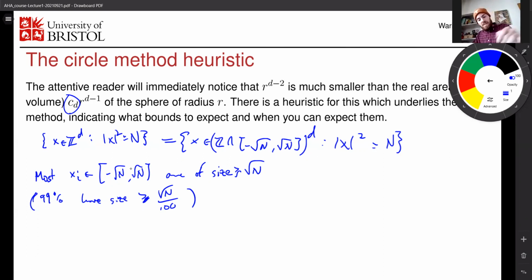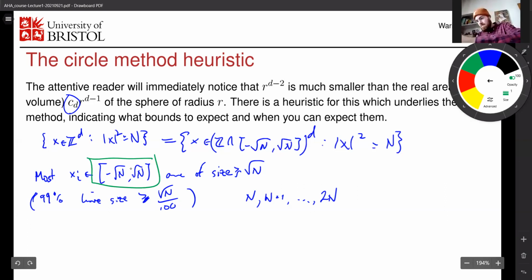So if I consider n plus 1 up to 2n, and I expect roughly the same number of points on each of these, then what do I have? I have the length of this interval, which is something of size root n, and each coordinate, that's d coordinates, so it grows like that.